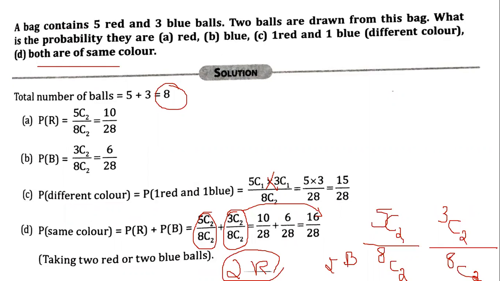So it can be either both red balls or both blue balls. That is why we add them and find the probability, and if we solve this, we get 16 by 28. So the probability of getting two balls of the same color, either two red balls or two blue balls, is 16 by 28.